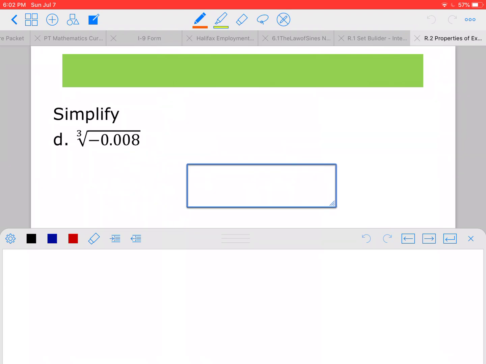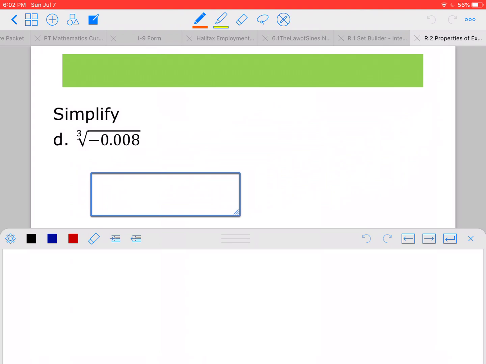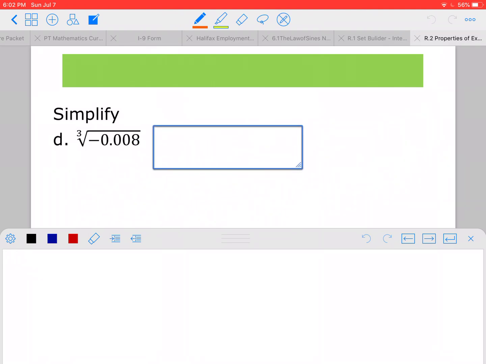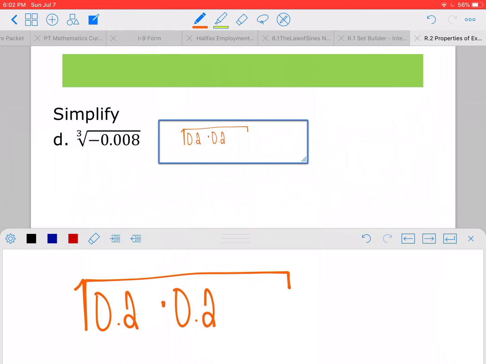If we break that down, we've got 0.2 times 0.2 times 0.2.